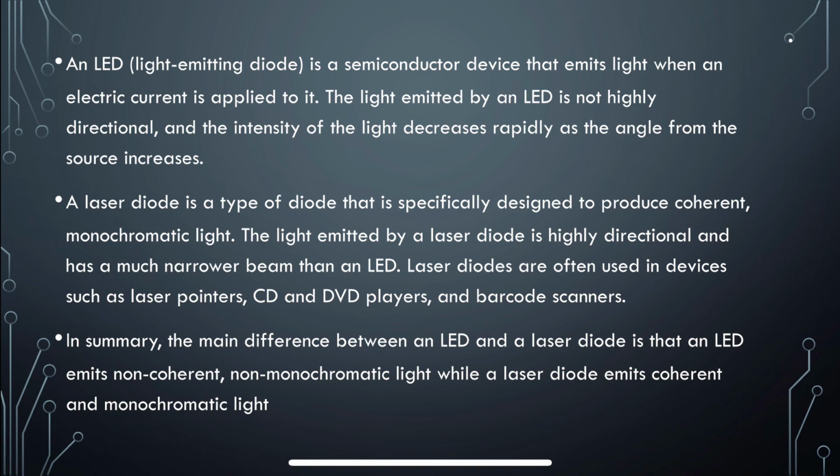Laser diodes are often used in devices such as laser pointers, CD and DVD players, and barcode scanners. In summary, the main difference between an LED and a laser diode is that an LED emits non-coherent, non-monochromatic light, while a laser diode emits coherent and monochromatic light.